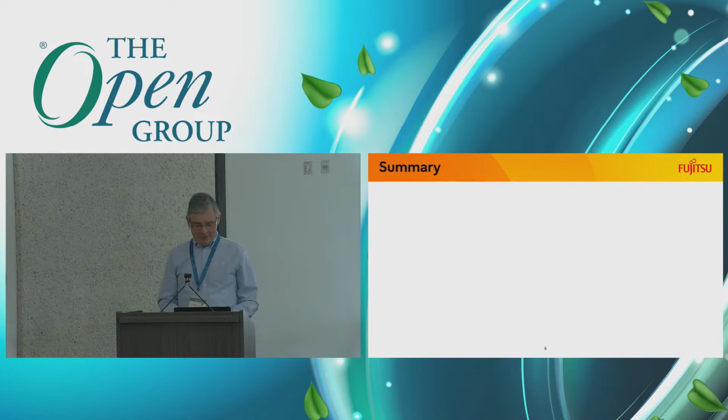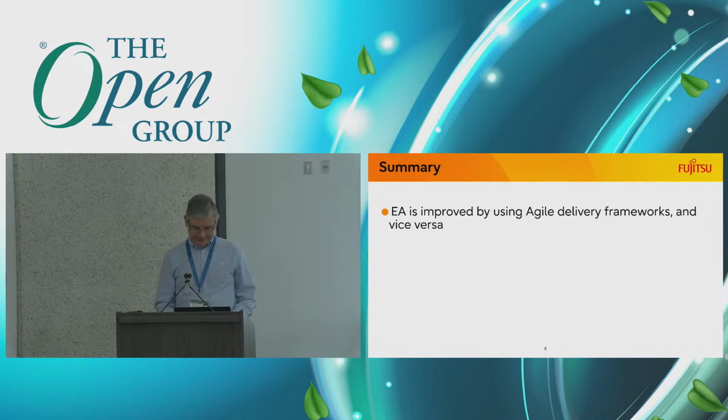So to wrap up and summarize, I would honestly say that enterprise architecture is improved by using agile delivery frameworks and vice versa. And the main reason I say that is not some sort of religious doctrine.